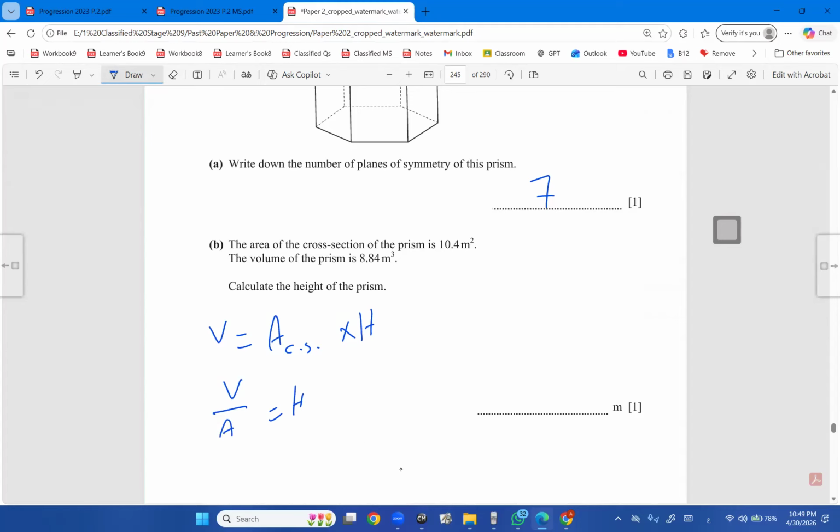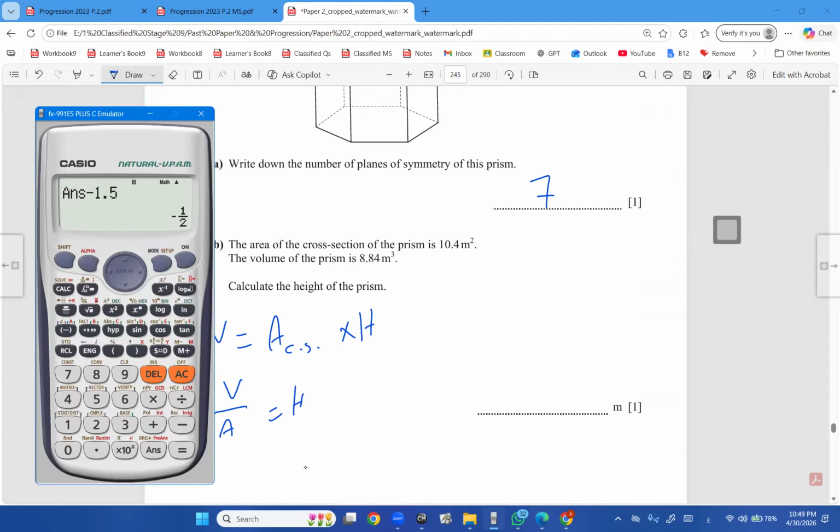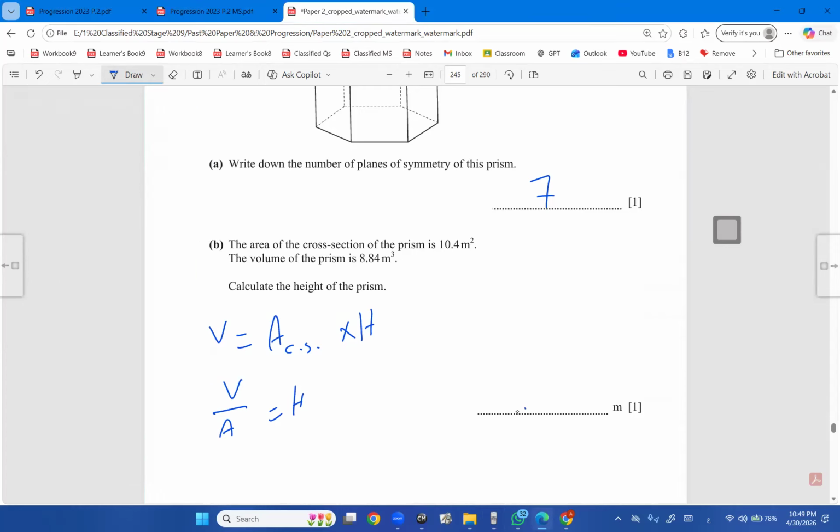So let's do this on the calculator. I've got the volume over here. It is 8.84. 8.84 divided by the area, which is 10.4, is going to give you 0.85. This is the height, 0.85 meters.